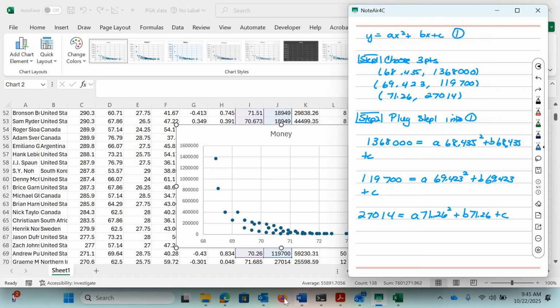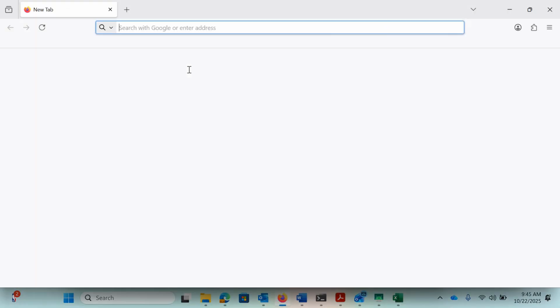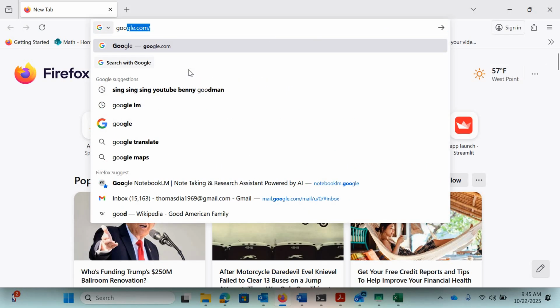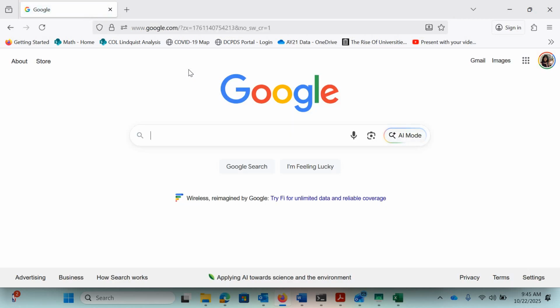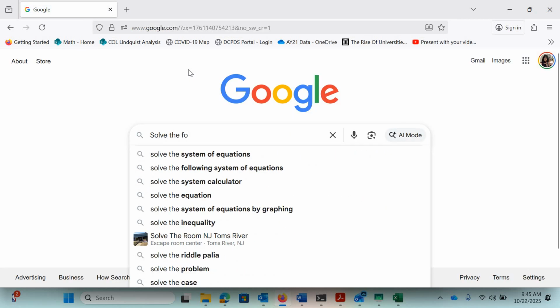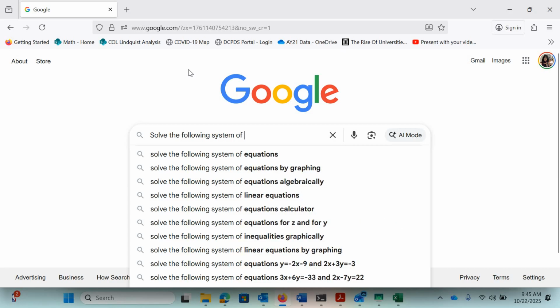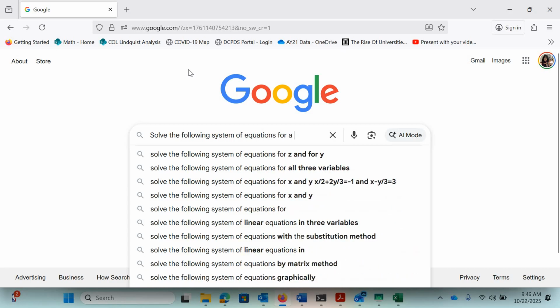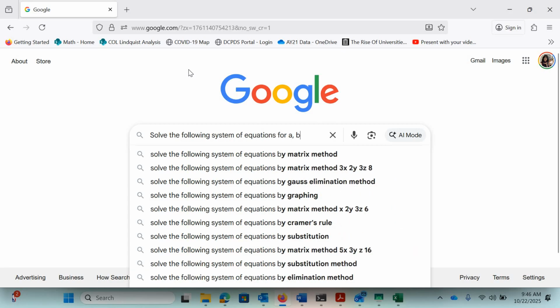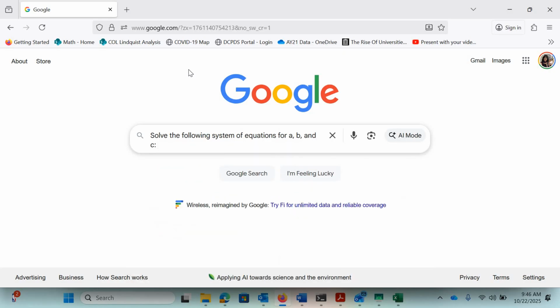So I'm just going to open up my browser and Google, and I'm going to plug my equations in that I just generated, and I have it sitting in front of me on my paper.